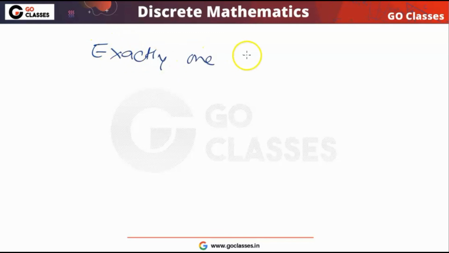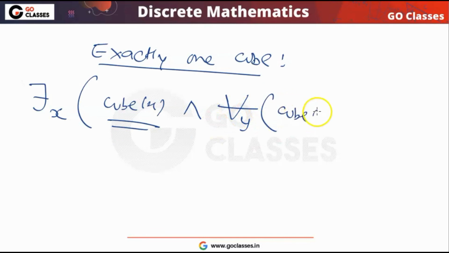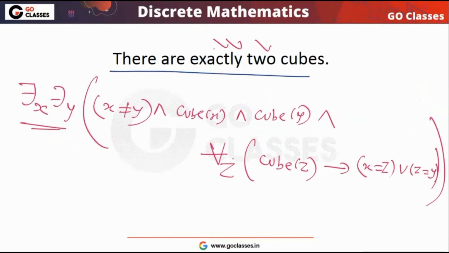Exactly one cube. So how did we do it? Exactly one cube means there must be at least one cube, and whatever else is cube, for all y, if y is cube, then this y must be same as x. This same idea we are using here.